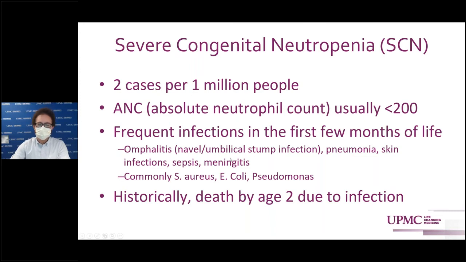So they can present with lots of different ones, like infection of the umbilical stump, pneumonia, skin infections, sepsis, meningitis, and I mentioned some of the bugs here that are commonly seen infecting these patients. Historically, before we knew more about this, it was very severe and could cause death by age 2 just due to the overwhelming infections.